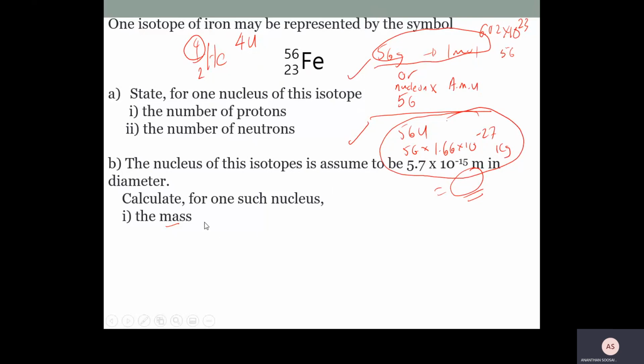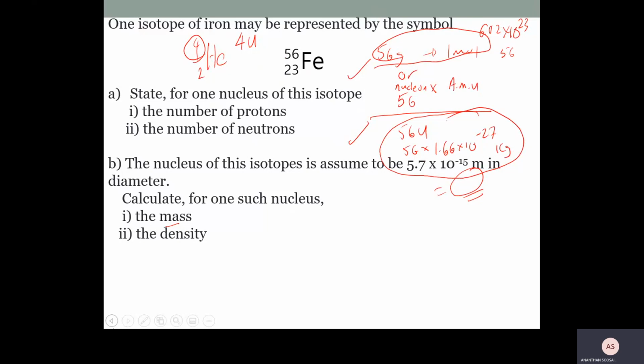Okay, so I hope you find the mass. Okay, how to find the mass, get the idea. So now, next question, what do you do? Find the density. How do you find the density? The mass you got divided by the volume. How do you calculate the volume? What formula? We assume the nucleus as a sphere.